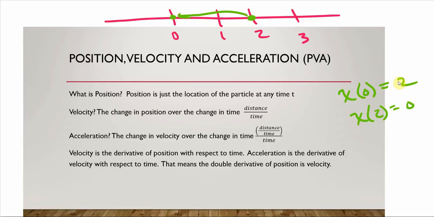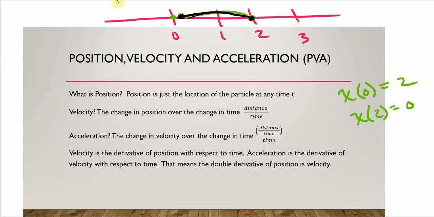Now, what is velocity? Velocity is the change in distance over the change in time. For this particle, he was here and he traveled here in 2 seconds, a distance of 2. So you could really say that his velocity is 1 unit per 1 unit of time.